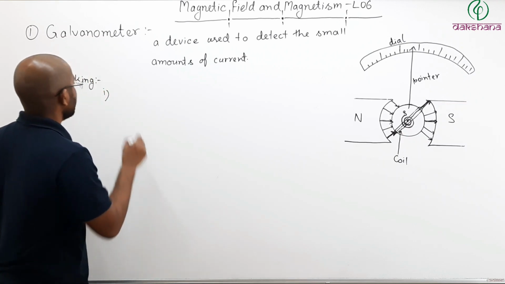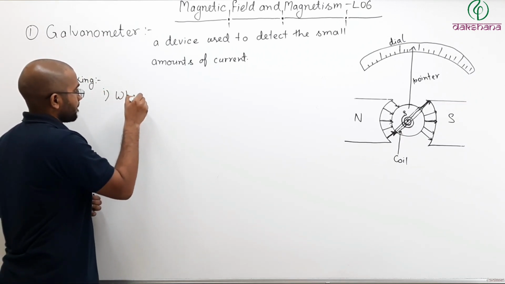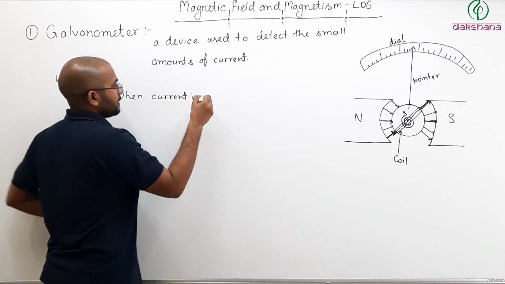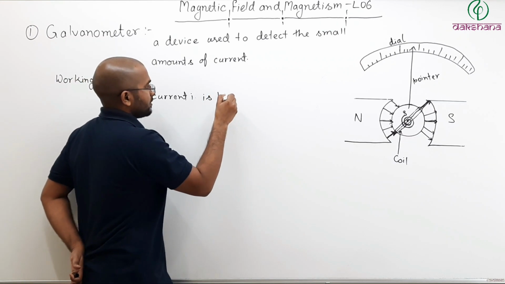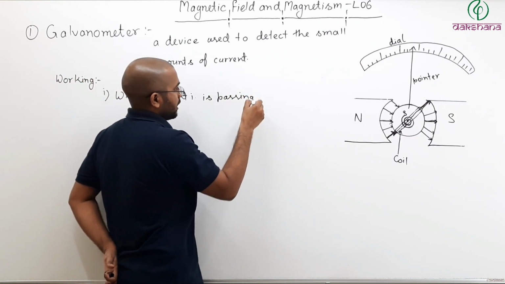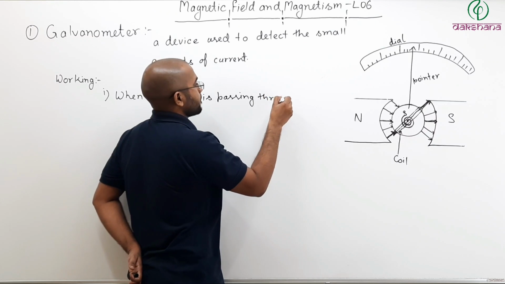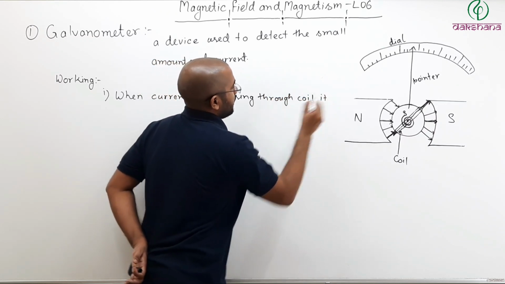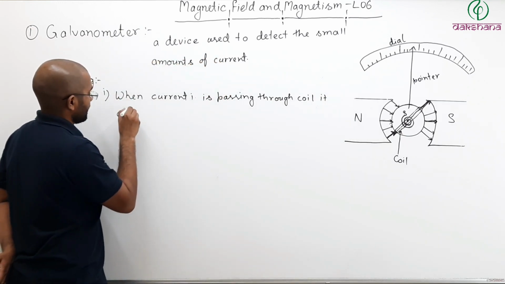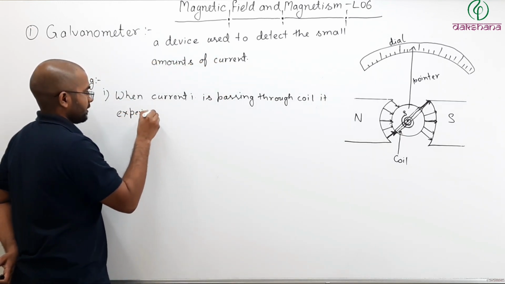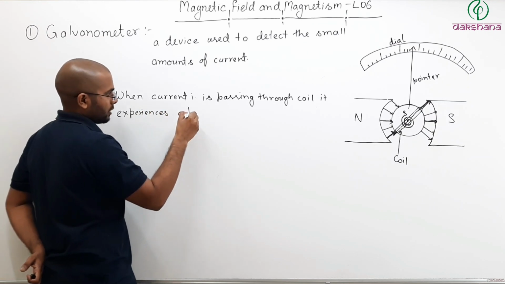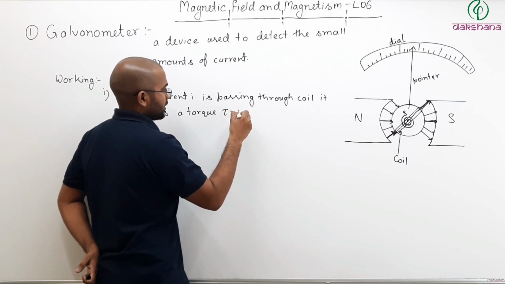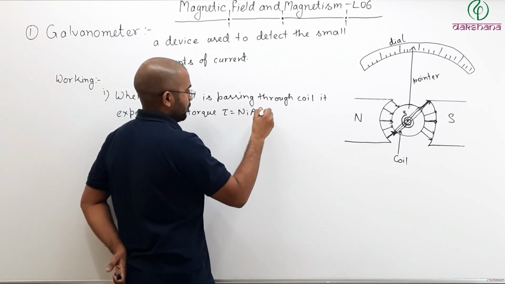So first point is, when current I is passed through the coil, it experiences a torque tau equals NIAB.